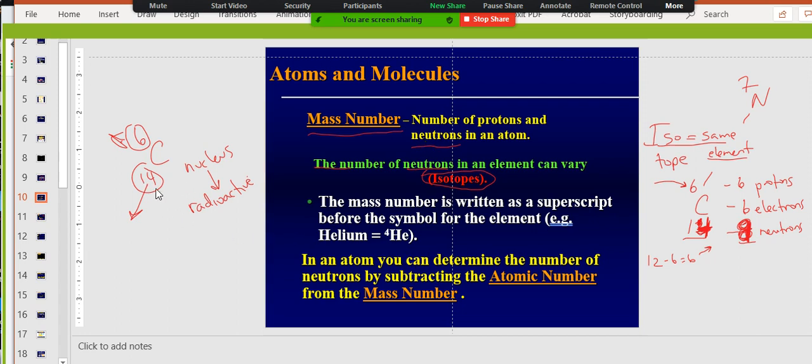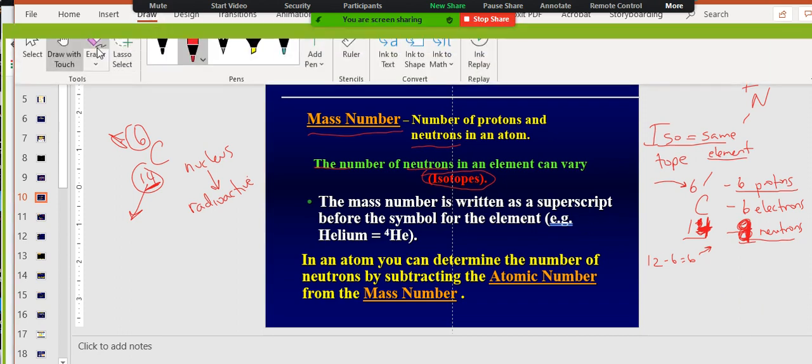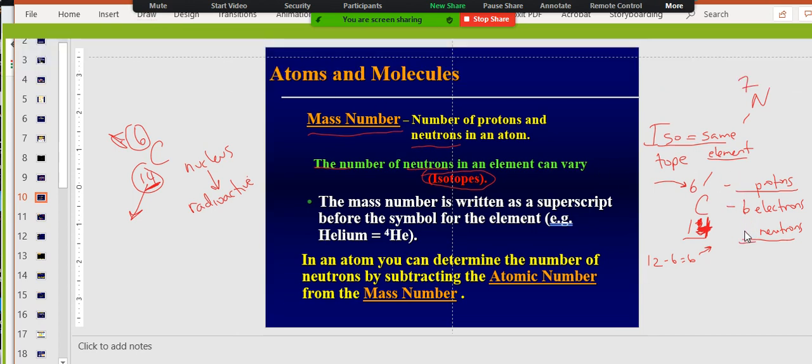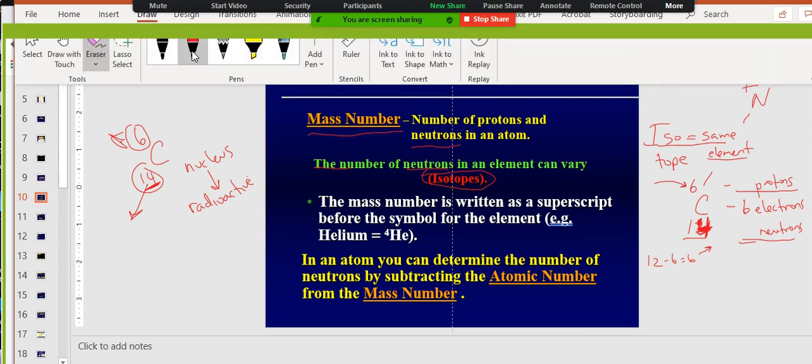So what happens here is when we get 14 of these inside the nucleus, one of these neutrons, so we've said we have 8 neutrons and 6 protons, one of these neutrons becomes a proton. So if one of these neutrons becomes a proton, how many protons would we have? 7.